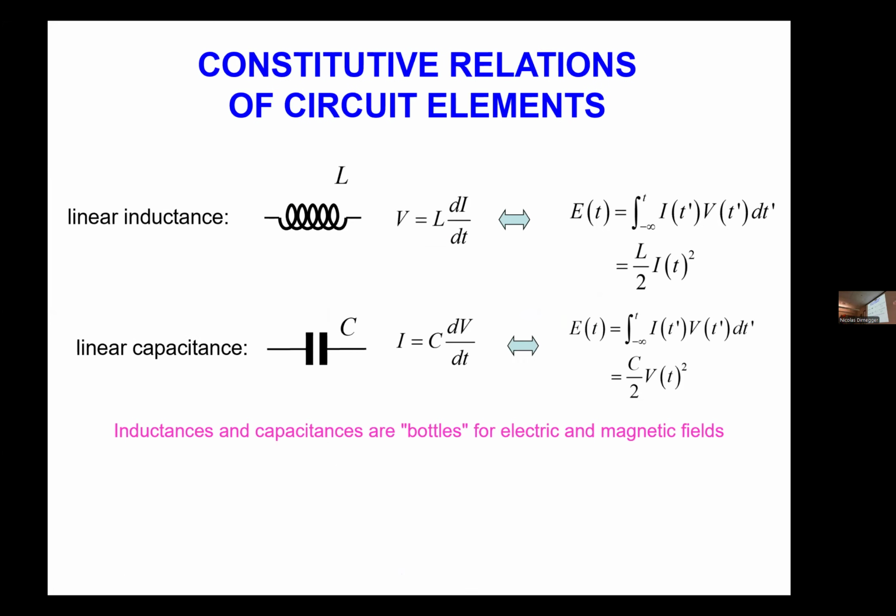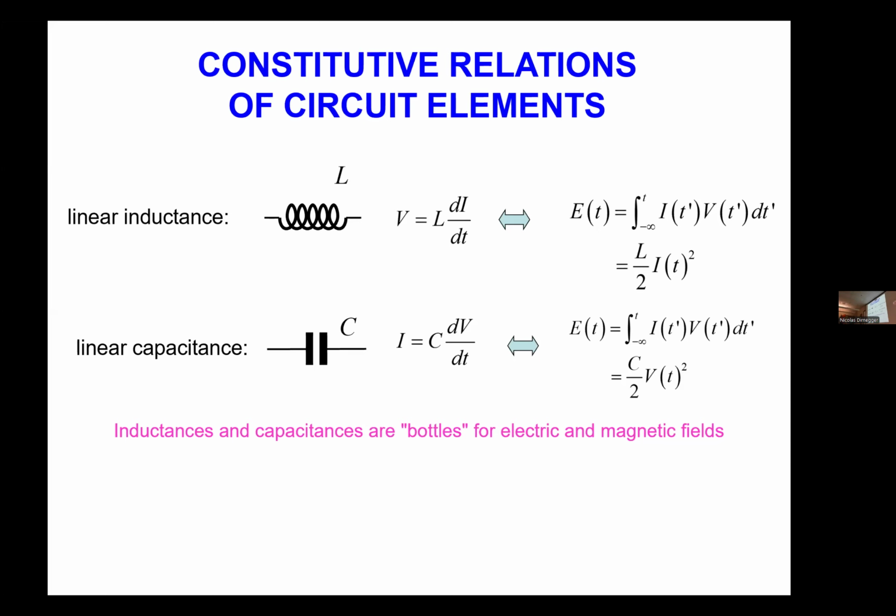To each element, an element can be inductive, for example a linear inductance, and that means that the voltage is related to the current by this relation. You can instead give the energy as a function of the current. What we call an inductance is the fact that the energy of the element depends only on the current and not on the voltage. And the capacitance is a dual element.